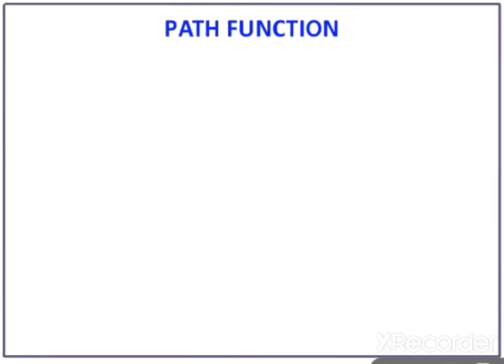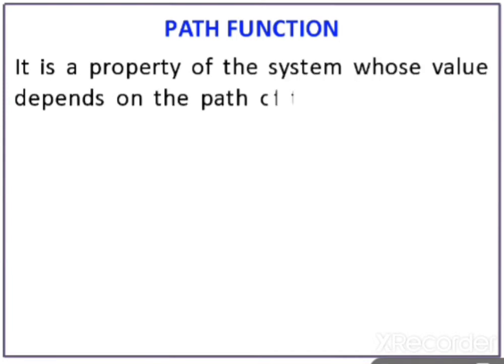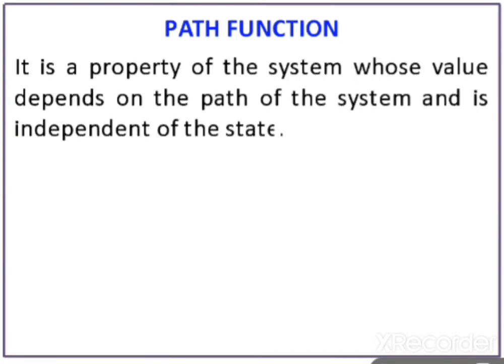What are path functions? Now the values depend on the path, not on the state. Definition: it is a property of the system whose value depends on the path of the system and is independent of the state.